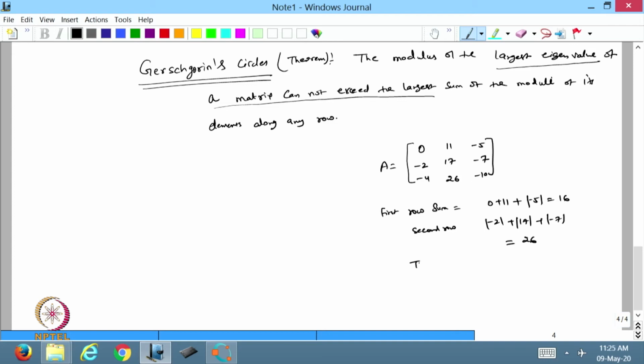The third row is modulus of minus 4 plus 26 plus modulus of minus 10, so it is 40.